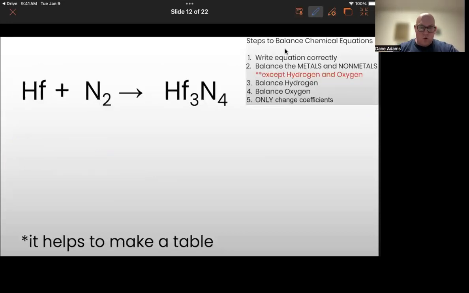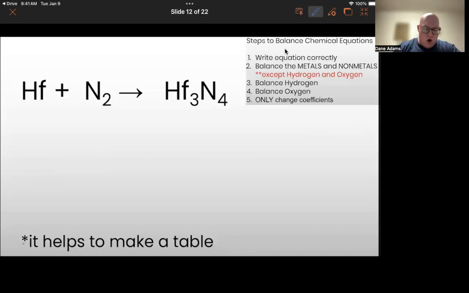This is in your study guide, so do what I do. We've got an equation that says Hf, that's hafnium, plus nitrogen, molecular nitrogen, remember nitrogen's diatomic, that's why it's N2, makes hafnium nitride. That's how I would name that thing. That's an ionic compound, metal, non-metal, hafnium nitride.